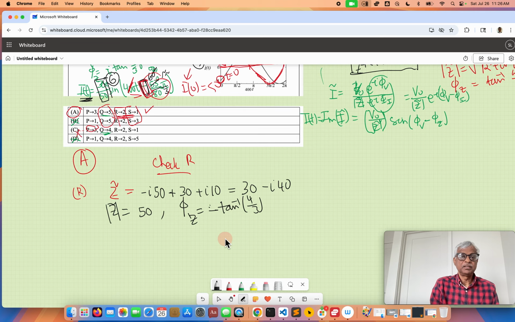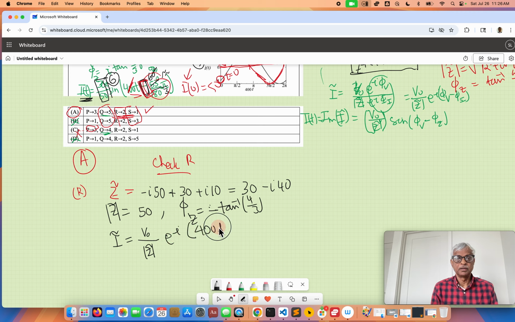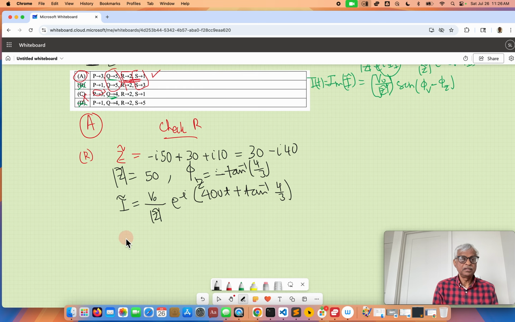That just means I tilde will look like V0 over Z e to the power i 400t, and this minus becomes plus 4/3. So we get a real I(t).